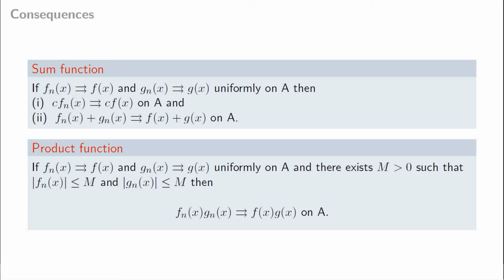Now again, if f_n(x) converges uniformly to f(x), and g_n(x) converges uniformly to g(x) on A, and there exists some positive quantity M such that the absolute value of f_n(x) is less than or equal to M and the absolute value of g_n(x) is also less than or equal to M, then the product function f_n(x) multiplied by g_n(x) also converges to f(x)g(x) uniformly on A.